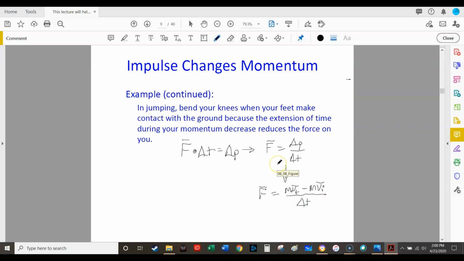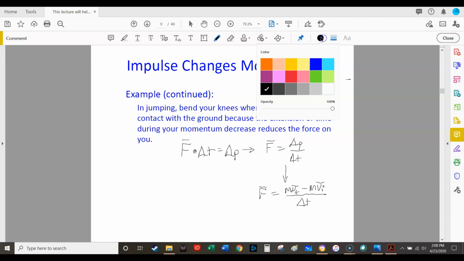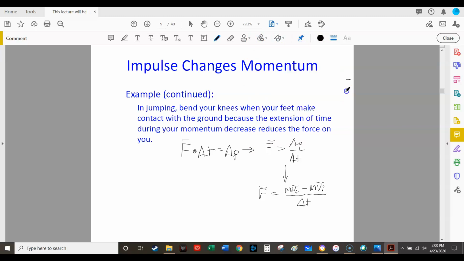So in both cases, when you jumped off in the air, so you're a little guy, and you're now falling down, so you have a negative initial velocity, and what that means is you also have a negative initial momentum, right?